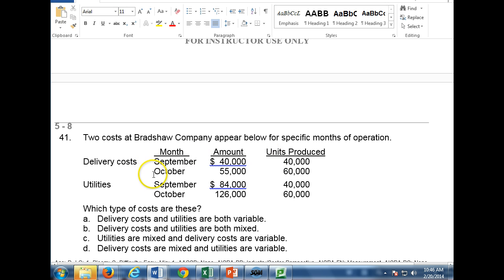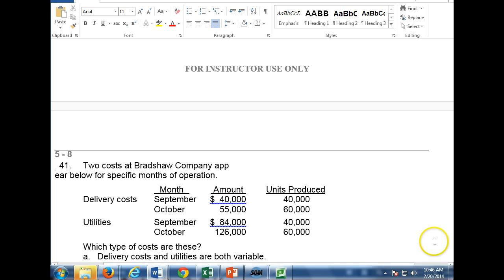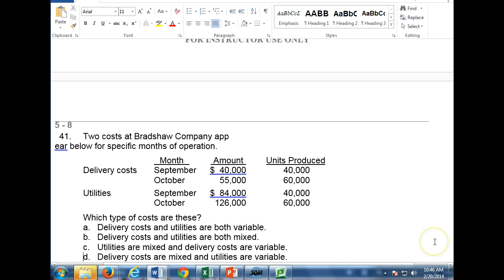Delivery costs for October were 55,000. The units produced were 60,000. Then we've got utilities of September at 84,000 for 40,000 units. And then we've got utilities of 126,000 for 60,000 units.